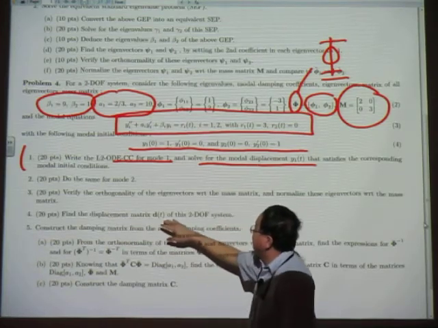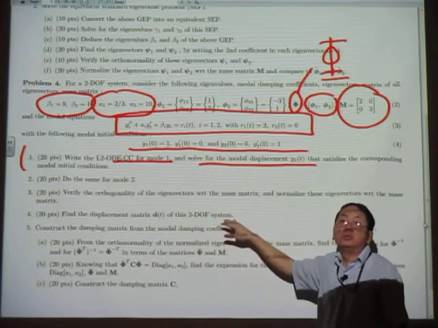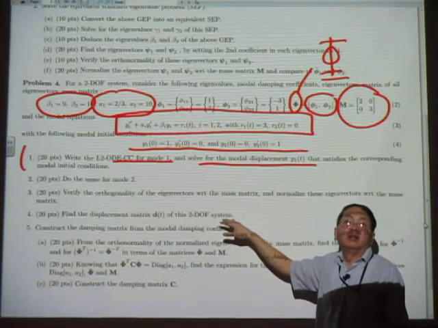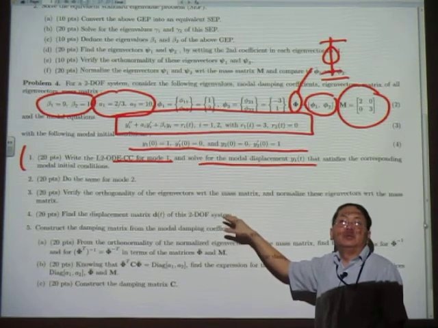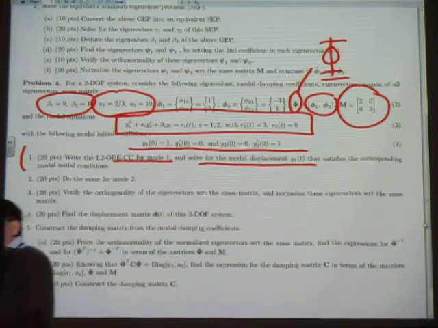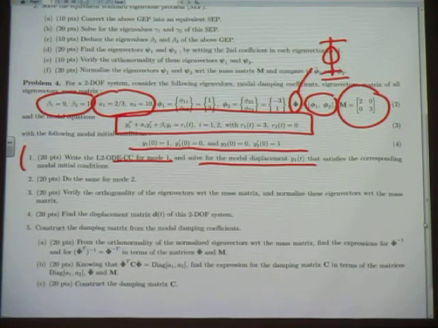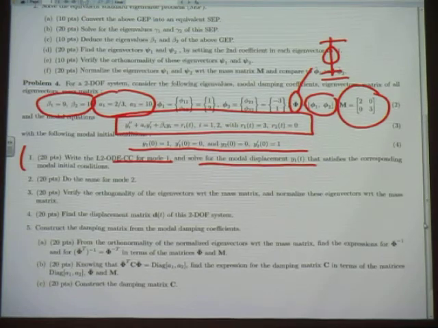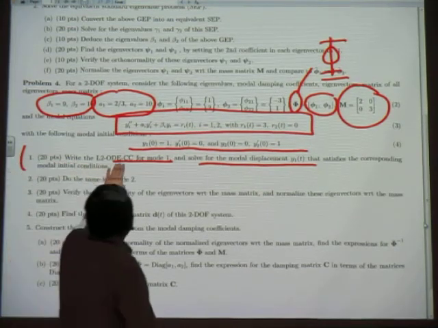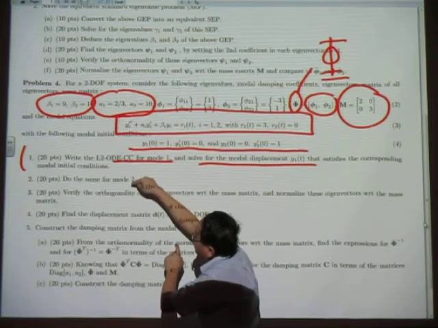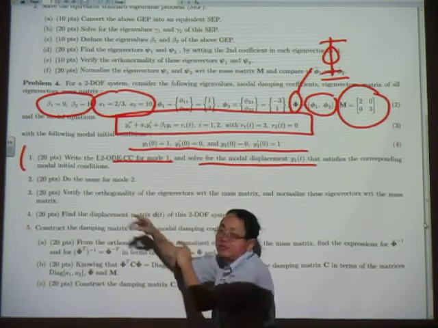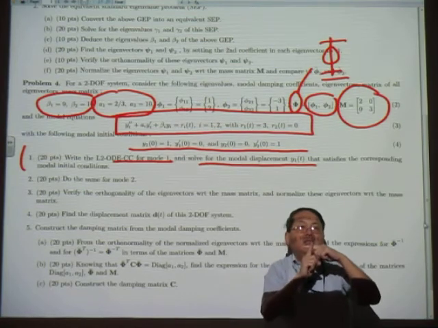Find the displacement matrix D of these two degree of freedom systems. How do you do that? Right, so assume that you have solved for y1 and y2. y1 is in question 1, y2 is in question 2. Question 3 is just verifying the orthogonality of the eigenvectors.